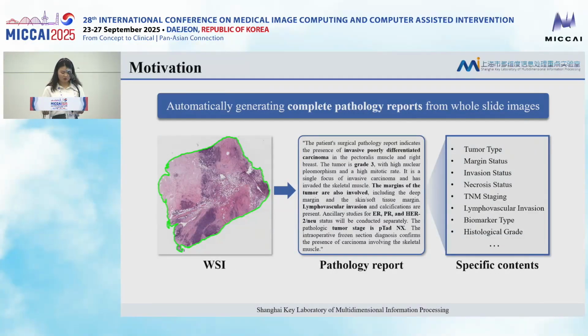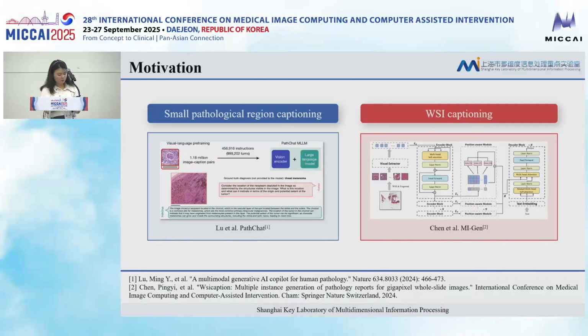The goal of automatic pathology report generation is to input whole slide images and output a complete pathology report containing information such as tumor type, boundary status, and TM stage. Previous work on pathological image captioning mostly focused on small image patches, which is insufficient for large whole slide images.